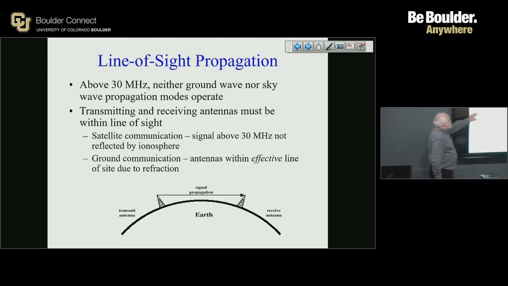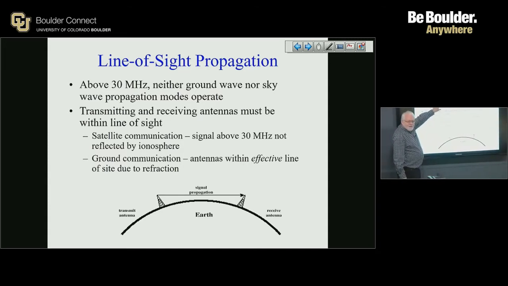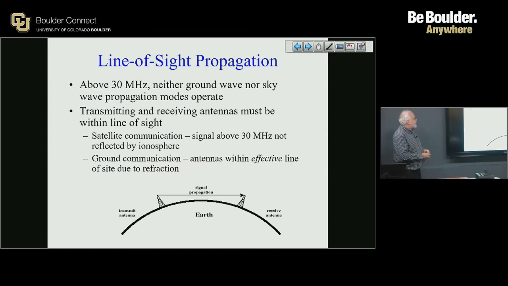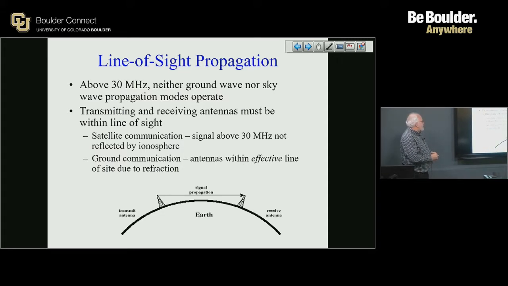So once we get up into the range where we actually have some bandwidth, about 30 megahertz or so, then we have to depend on line of sight propagation.